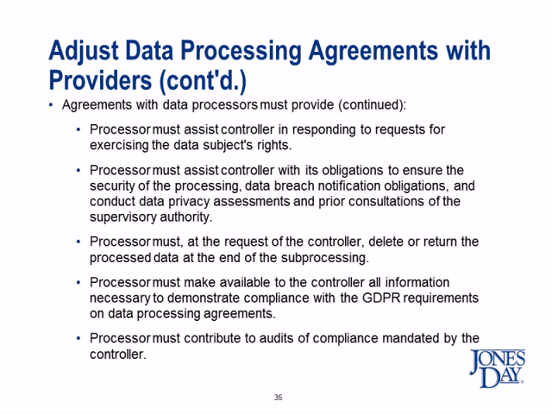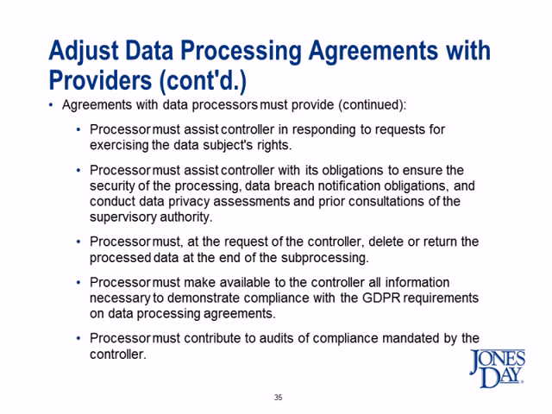Also, the data processing agreement should mention that the processor must assist the controller with the controller's obligation to ensure the security of the processing, to notify data breaches, be it to the data protection authority or to individuals, and also to conduct data privacy assessments and prior consultations of the supervisory authority.